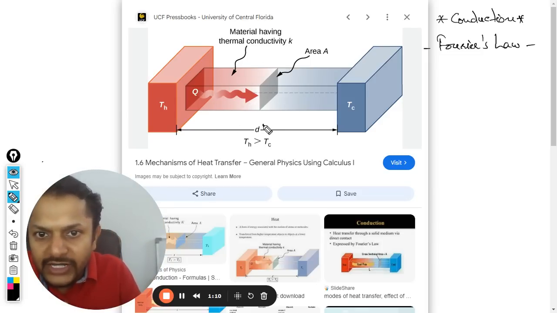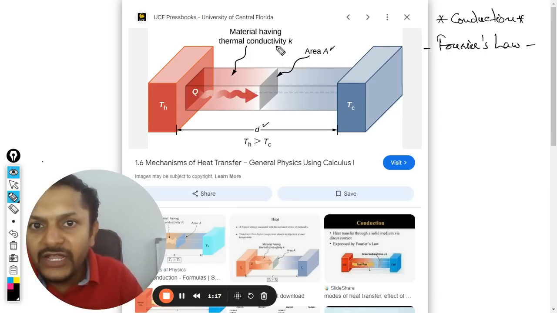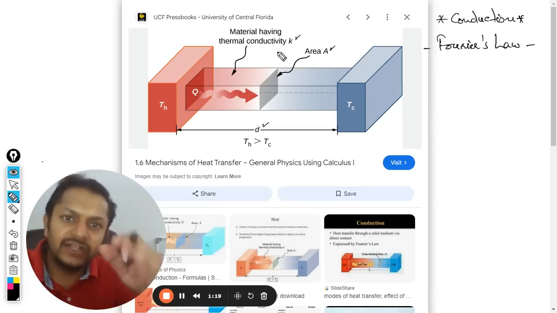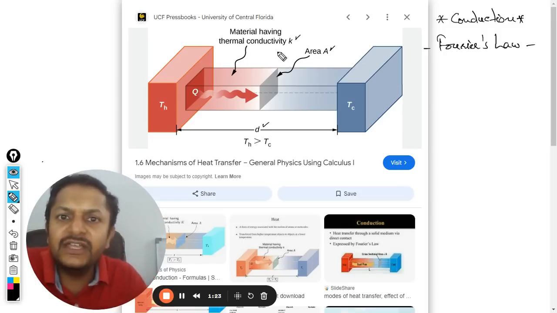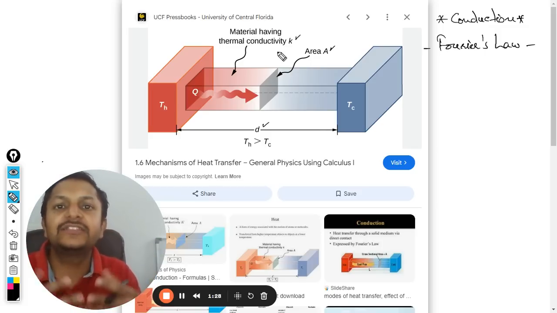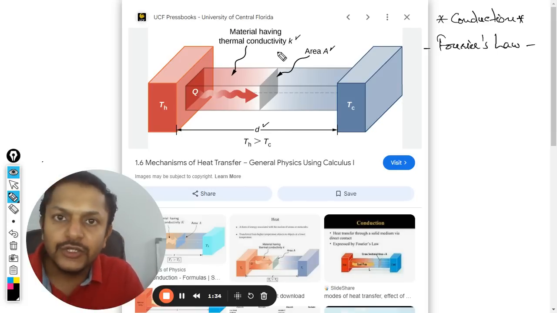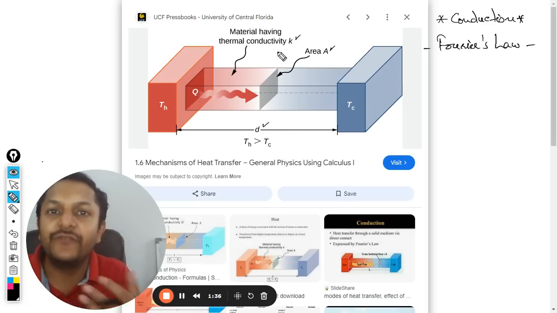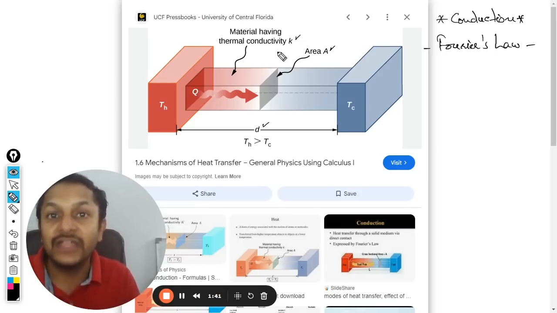The length of the rod is L, and the cross-sectional area is A. Another very important factor is the thermal conductivity K, which tells you how good the thermal conductivity is for that material. For example, the thermal conductivity of wood is very small, very bad, but for a metal the K value is very high.